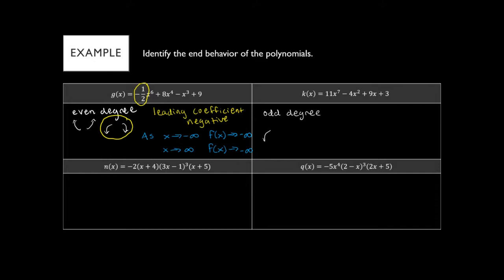So we have two choices because they go in opposite directions. We have the one on the left where that right side is going up, or the one on the right where the right side's going down. So we've got those two choices.